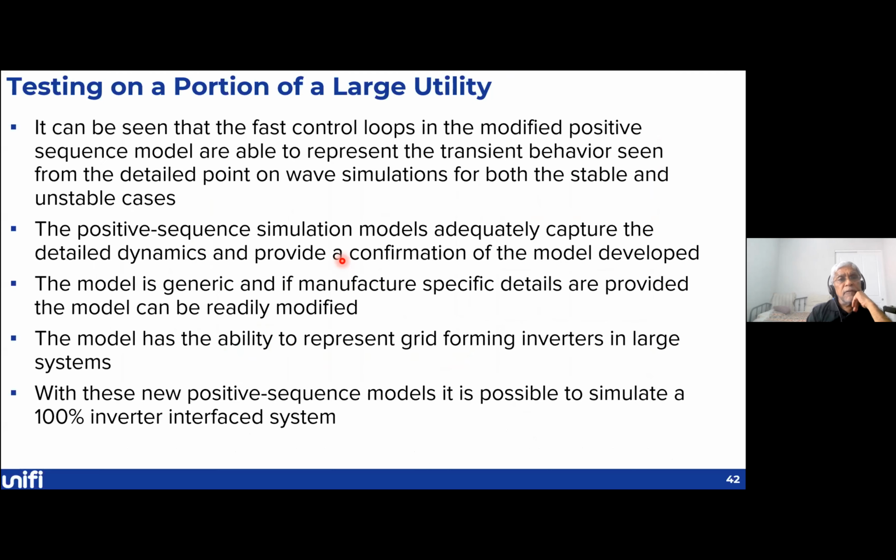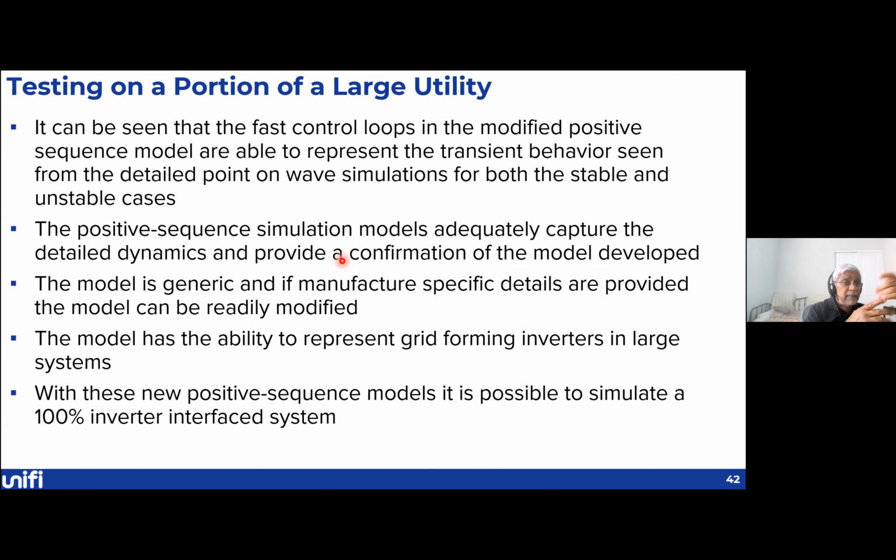So what we see is that in these models, the fast control loops in the modified positive sequence model are able to represent the transient behavior seen from the detailed point on wave simulations for both the stable and the unstable case. The model that has been developed adequately captures the detailed dynamics and provides confirmation of the model development.